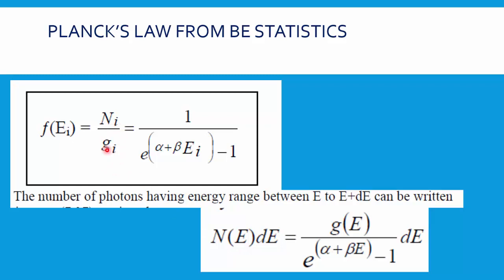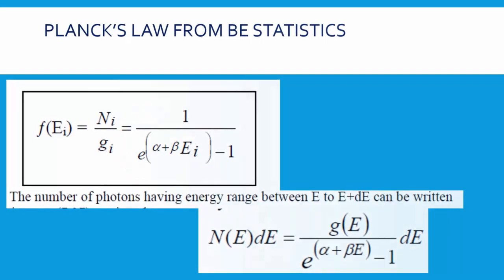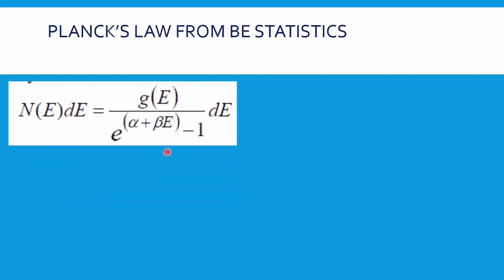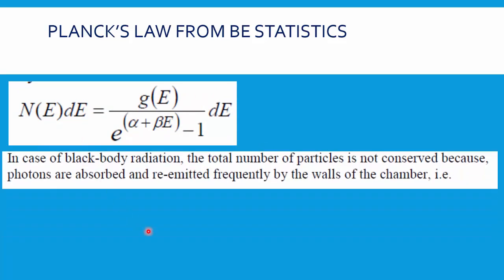What I have done is take this G to the other side and everything remains the same. So from here I have the number of photons from energy E to E plus dE.